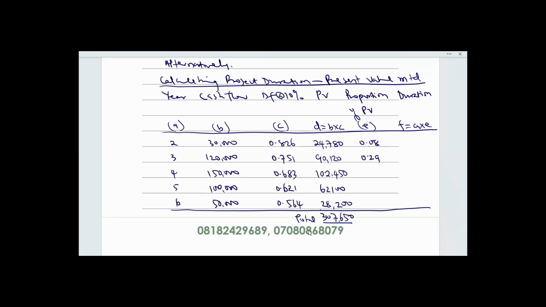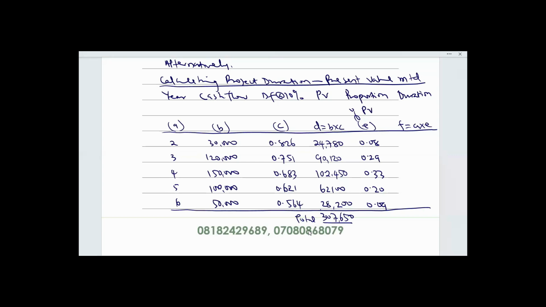Okay, 62,100 divided by 307,650. 0.20. The last one, 28,200 over 307,650. 0.09.